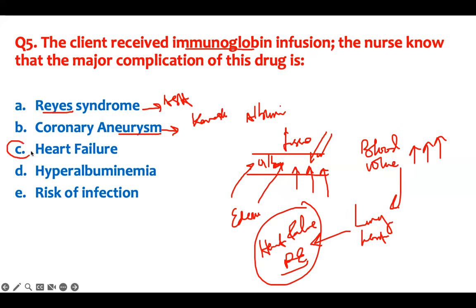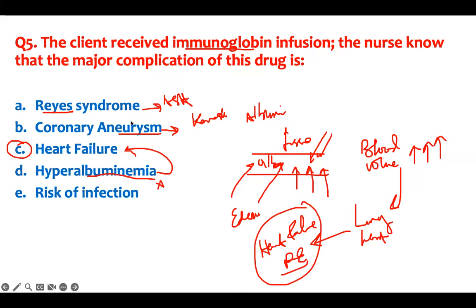Heart failure, yes. Hyperalbuminemia, yeah. The albumin will go up. But is this more dangerous than heart failure? No. Your albumin goes up, so you have hyperalbuminemia. But your heart failure is more dangerous than this, being a priority intervention.